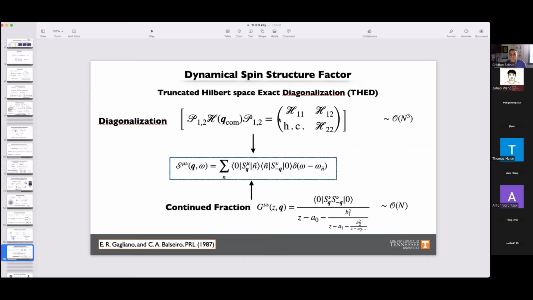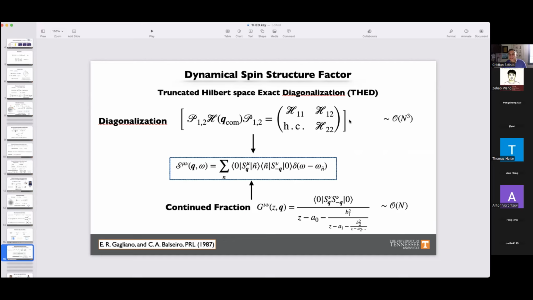The advantage is that it's not an order-by-order expansion, but it includes basically diagrams with an infinite number of loops, which allow us to account, for instance, for the formation of two-magnon bound states or resonances that are non-perturbative effects. So that is the advantage of truncating the Hilbert space and fully diagonalizing.